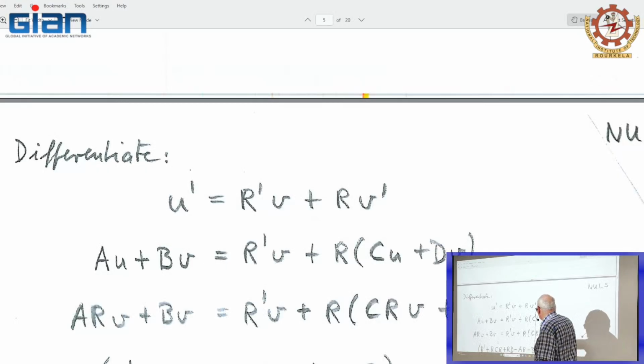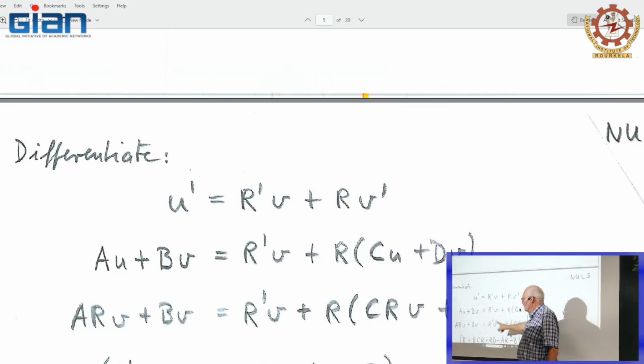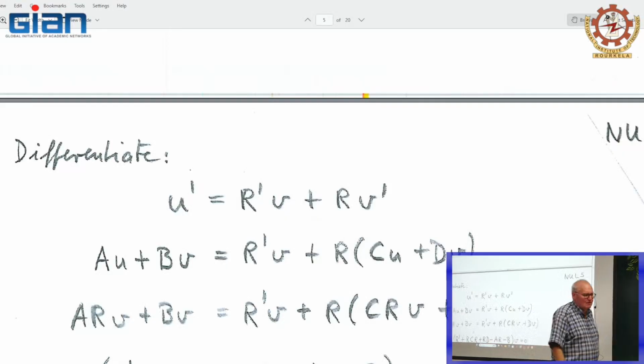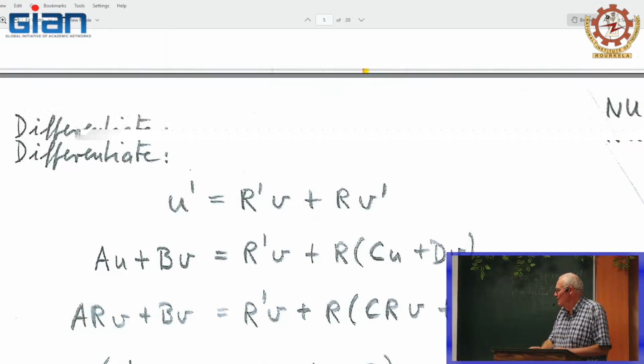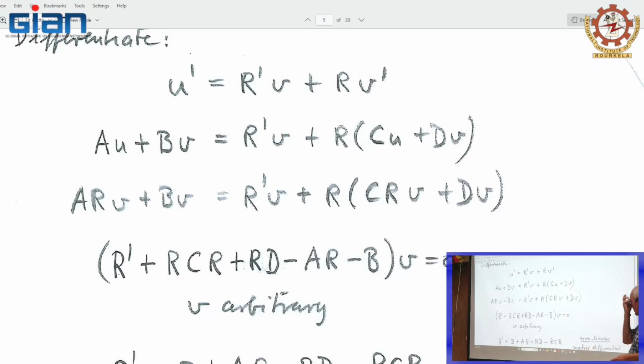This is also here. U is R times V, and we end up with a matrix equation which acts only on the vector V. So collecting all these terms, R dash plus R times the quantity D minus AR minus B acting on the vector V is 0.